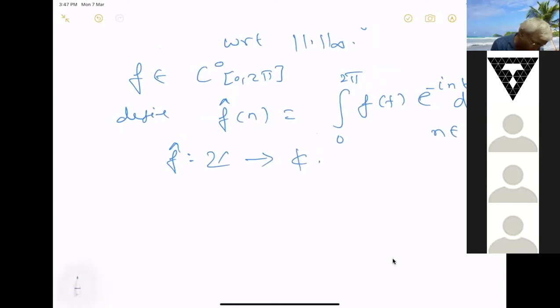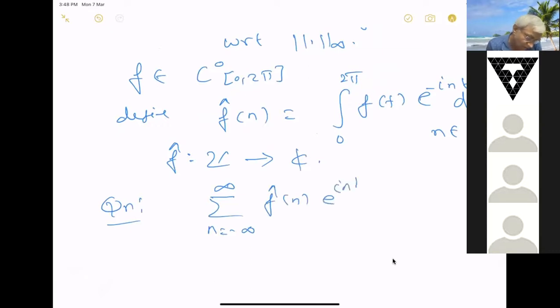The question is the following. Once we have this Fourier series, we have a complex number f hat of n for each n. So what happens to this? We have a series from n equal to minus infinity to infinity of f hat of n times e to the power int. This is like the inverse Fourier transform. Earlier we had an integral, here we will have e to the power int, for each t.